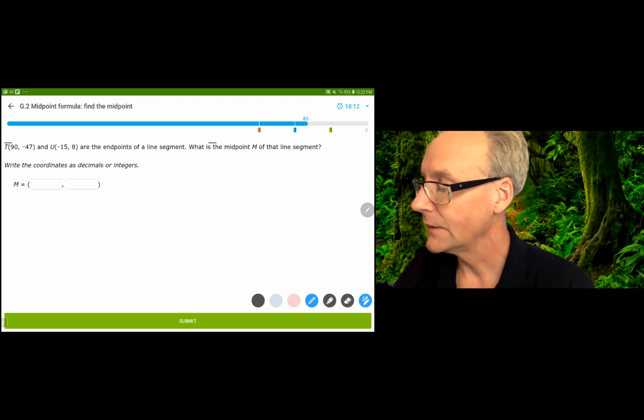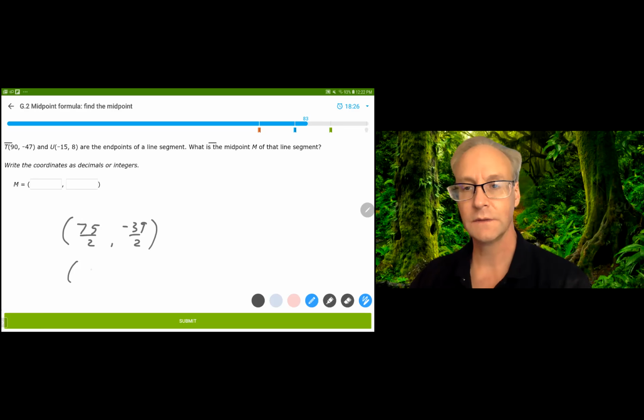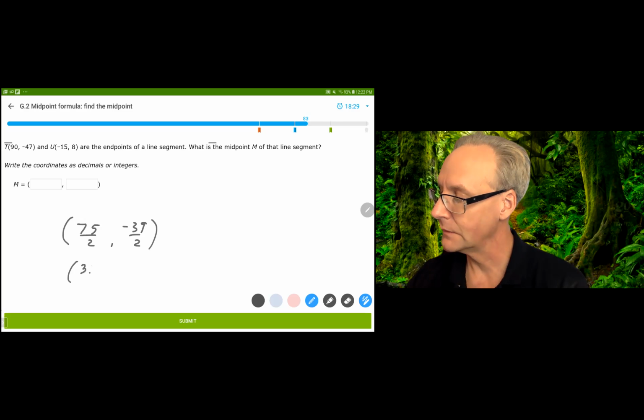All right, looks like we've got, and I'm going to write it down again. Looks like 75 over 2 when I add my x's. When I add my y's, it looks like I get negative 39 over 2. And 75 over 2 is going to be 37.5. And negative 39 over 2 is going to be negative 18.5, maybe 19.5.